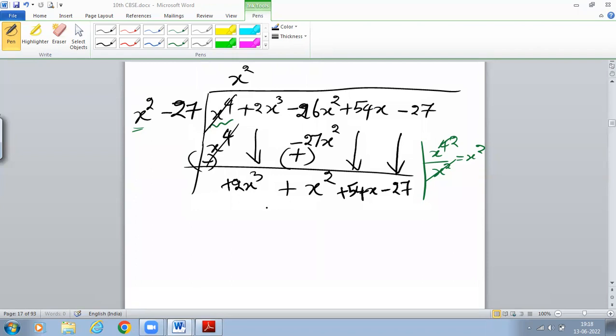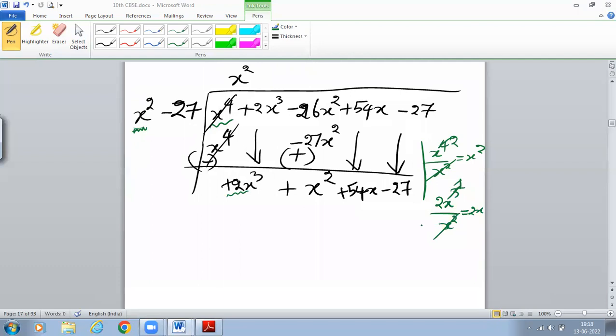Again, in this step, what is the first term? 2x cube. This first term has to be divided by the first term of the divisor, x square. In x power 3, x square goes off, means x power 1 will be there. So 2x power 1 is 2x.